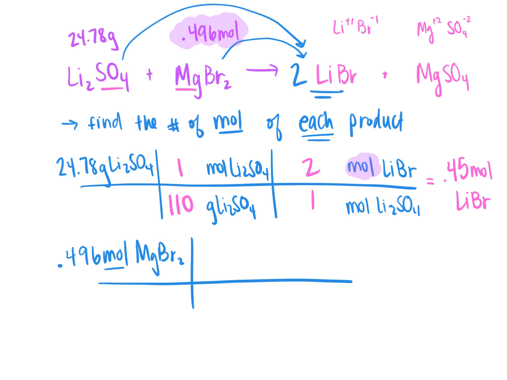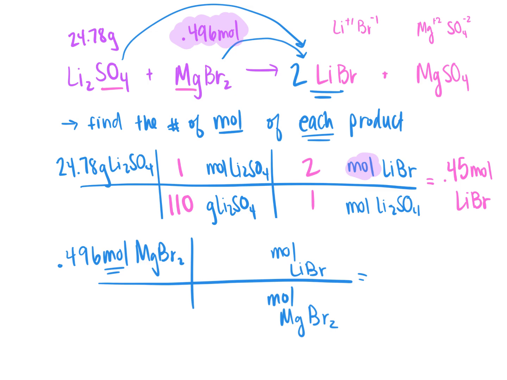Because I'm already starting with moles. So I'm going to go right to the mole ratio step, and I'm going to go to moles of LiBr. Sometimes once we learn the big long conversions, we have trouble shortening them back down. But the reality is I started in moles and I want to end up in moles, which means I don't touch grams at all.